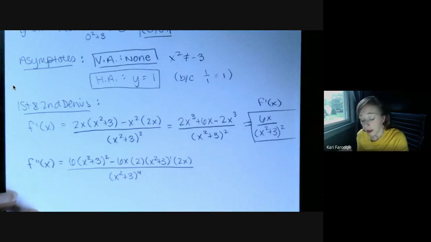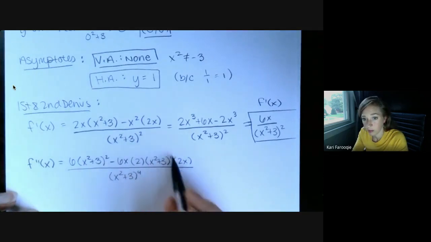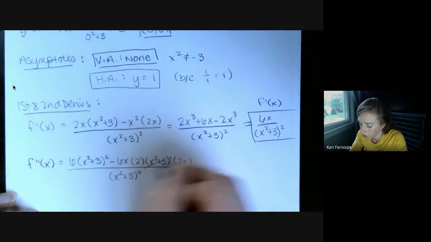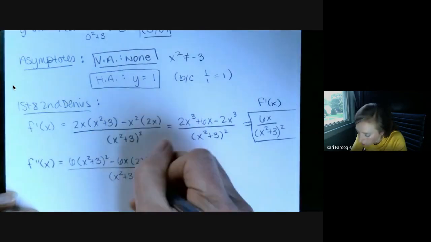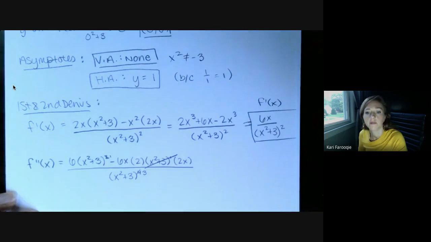Now, the nice thing is that when you take your second derivative, each one of your terms has a common factor of x squared plus 3. You only have at most one of them that you can cancel out. So take out the x squared plus 3 here, take out one of them down there, and take out one of them there. And then simplify.